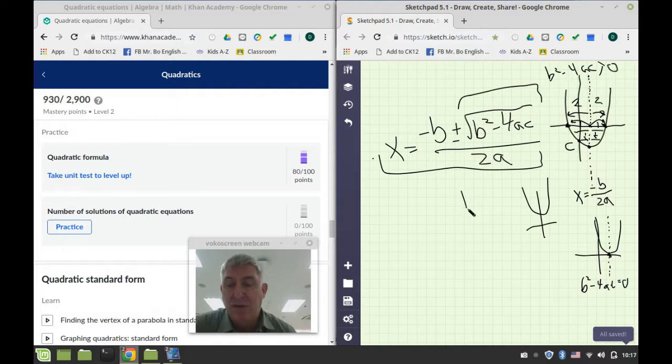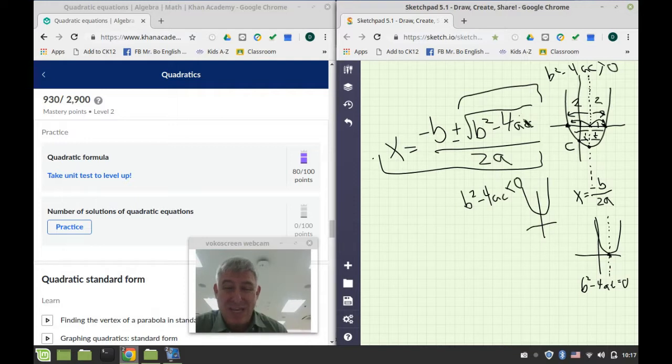And then if b squared minus 4ac is less than 0, then we can't solve that yet, and we'll see there are no solutions.